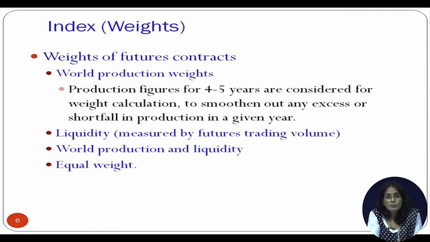When it comes to world production, the question is what is the total amount of that particular commodity which has been produced in the world. So the index advisory committee has to keep track of the total production which has happened.